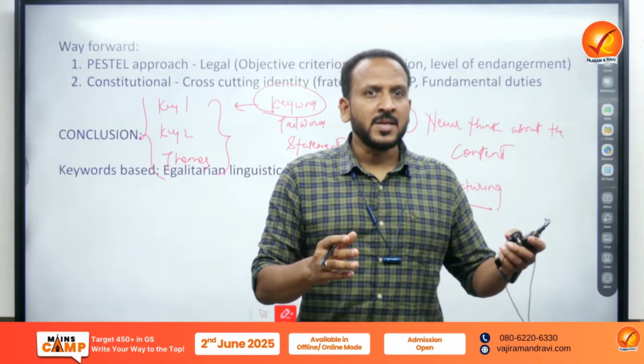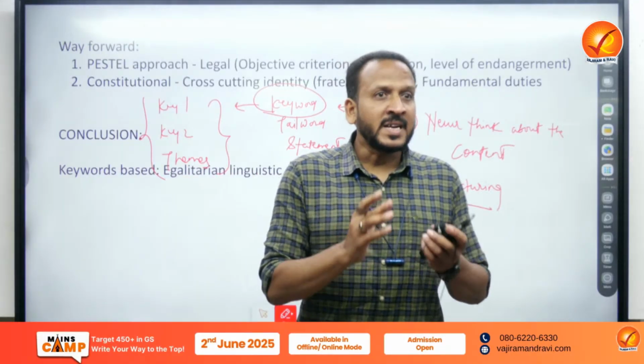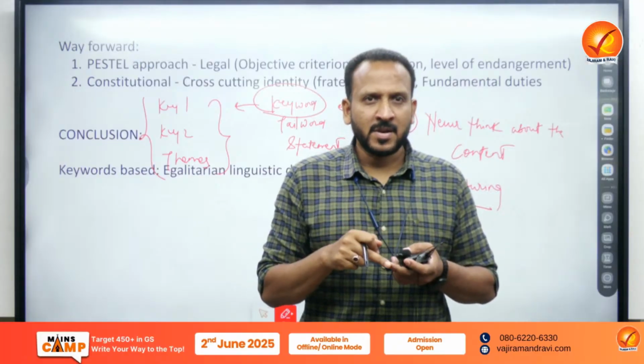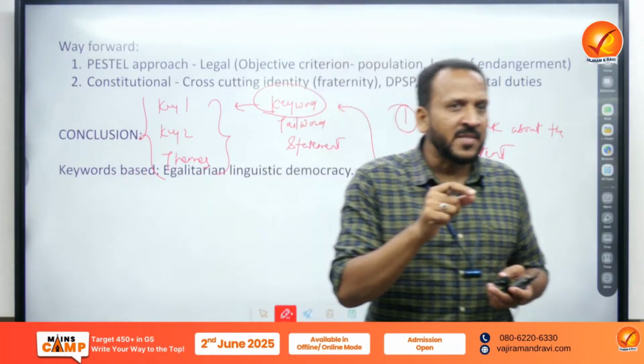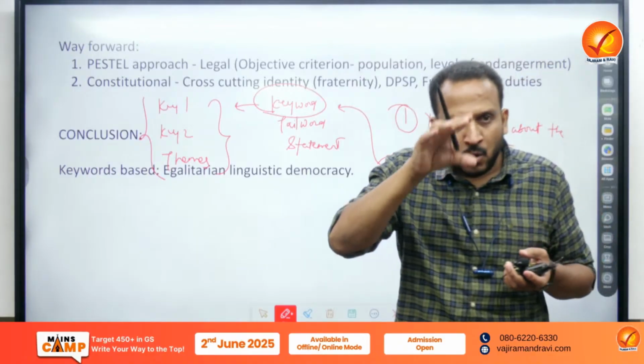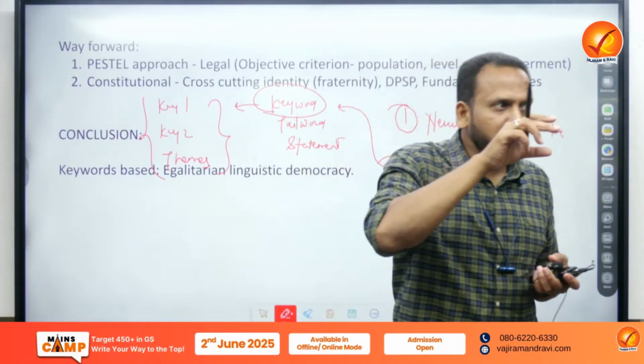Usually the keywords and themes are distributed in the question itself, right? So when we read the statement of the question, it becomes very difficult to focus on those keywords and pick up the theme.